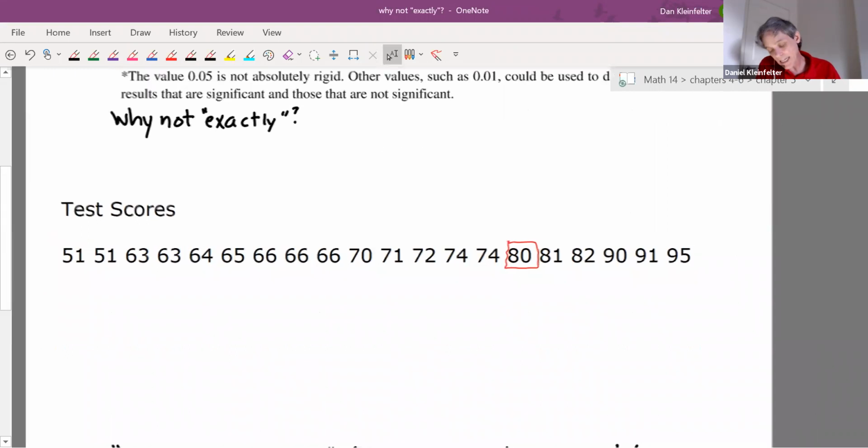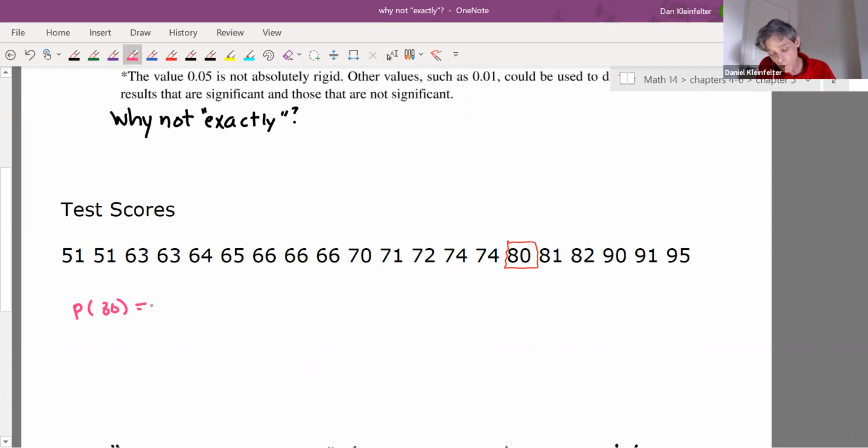Let's say you're taking a class, and these are the test scores that come out. There are 20 test scores here, and we want to know how good this 80 is relative to the other scores. If we just consider that 80, the probability of getting it is 1/20th, because there are 20 scores and one of them is an 80.